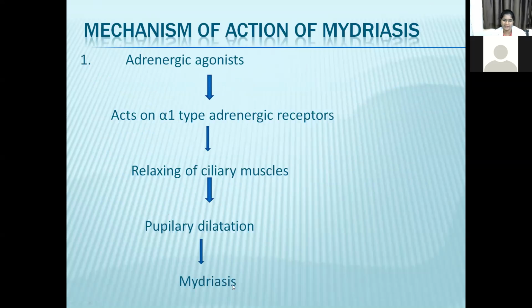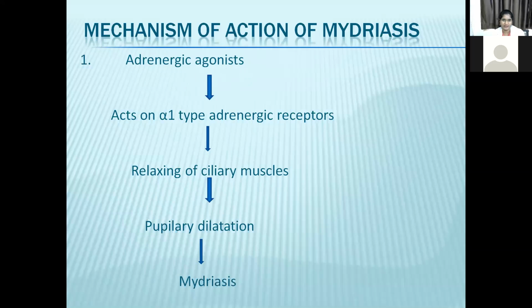It is called mydriasis. This is the one way. You have to note this down in your records also. Adrenergic agonists like ephedrine and phenylephrine act on alpha-1 receptors and cause dilatation of the pupil and increase the pupil size.